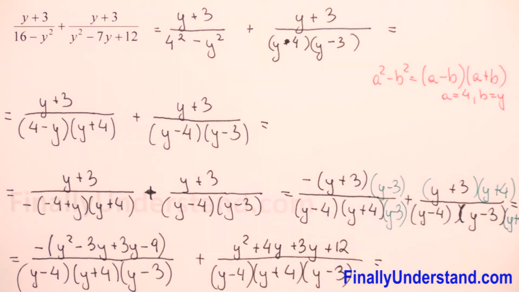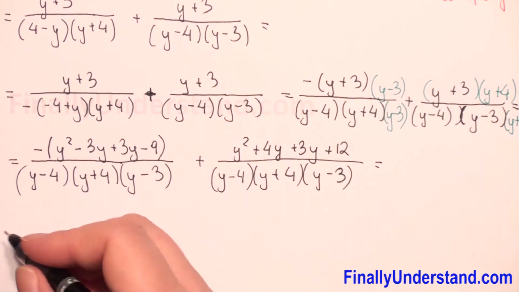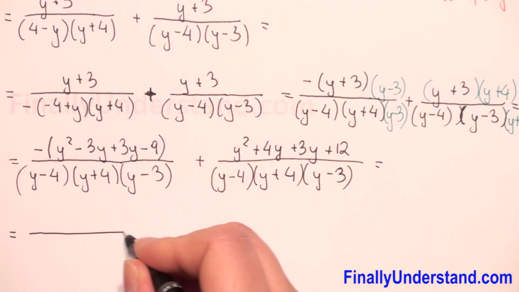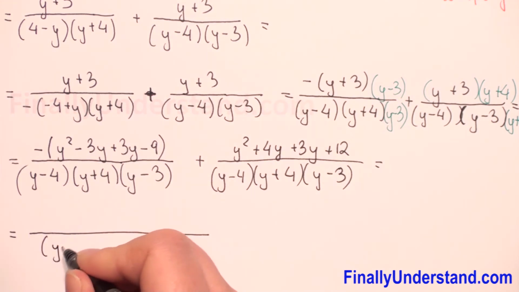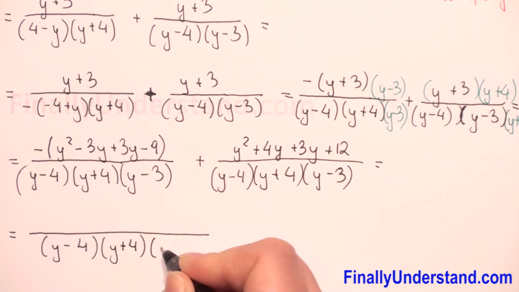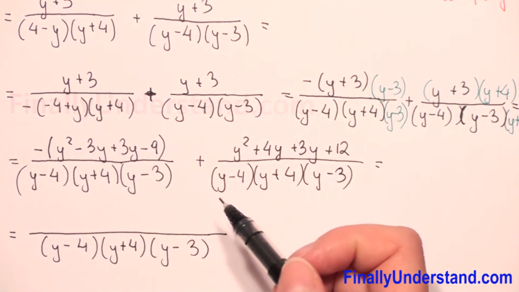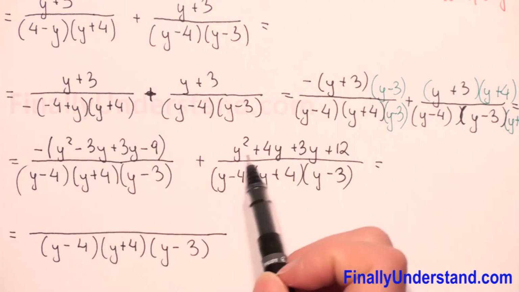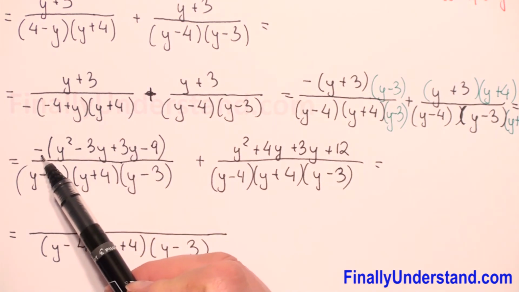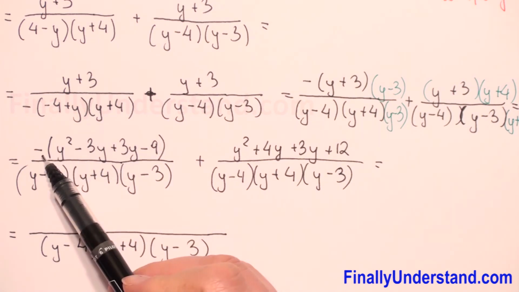So this is equal. Now we see that we have the same denominators, so we copy the denominator and we have to add numerators. But now first we have to change the sign. Before this whole parenthesis we have a negative sign.